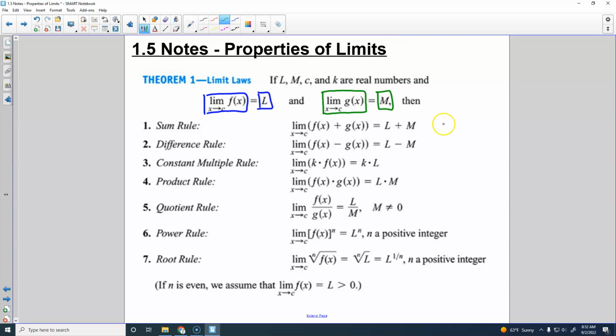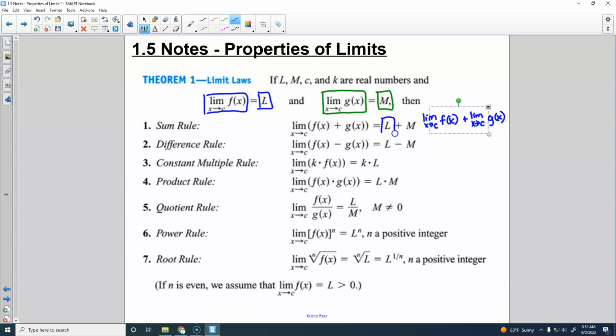So, if we are finding the limit as x approaches c of f of x plus g of x, I'm going to write this over to the side just to further explain. That means that we're doing the limit as x approaches c of f of x plus the limit as x approaches c of g of x. We can find those two limits separately and just add those limits together.